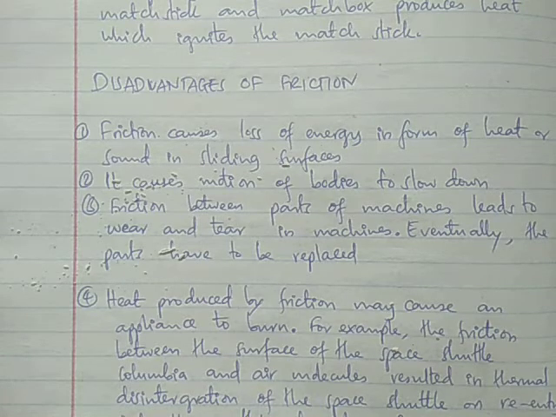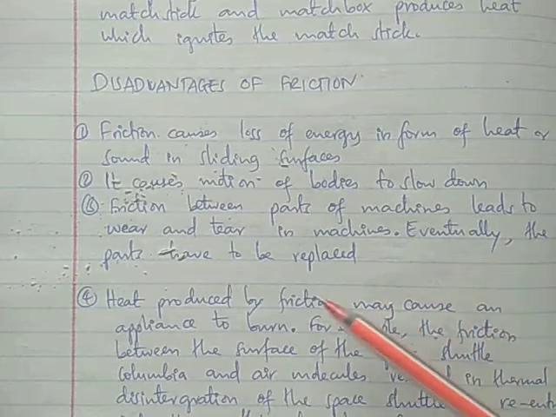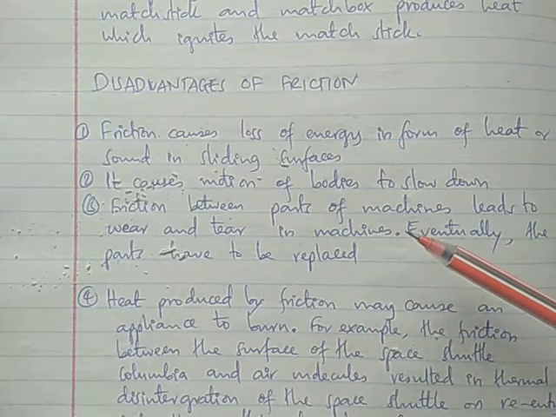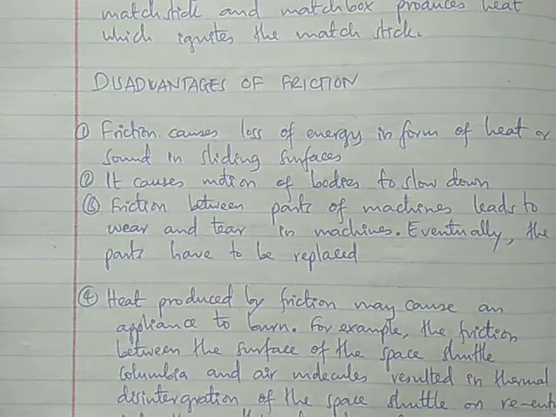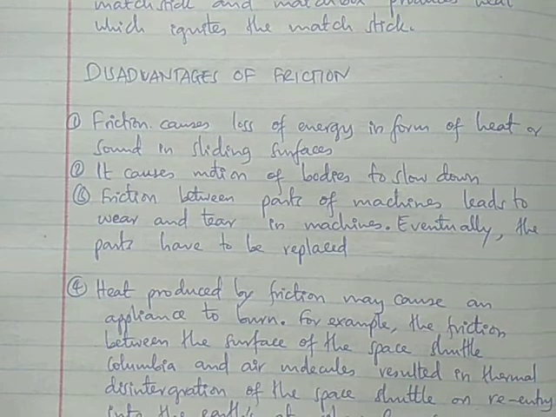Like number 3, friction between parts of machines leads to wear and tear in machines. Wear and tear in machines, eventually parts have to be replaced. So for example, our best example ni brakes za bicycle. Yani baiskeli I know for we Tanzanians hakuna ambaye haijui.